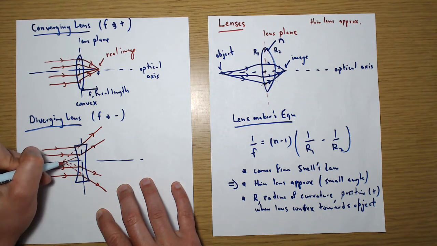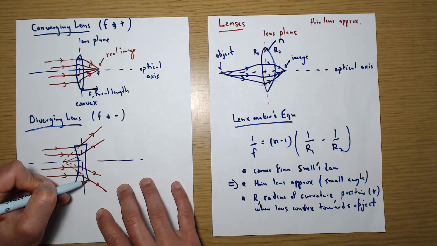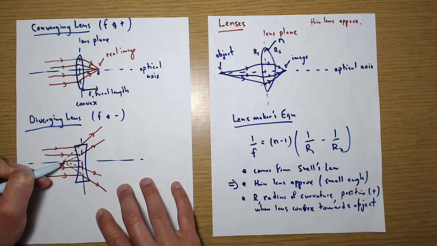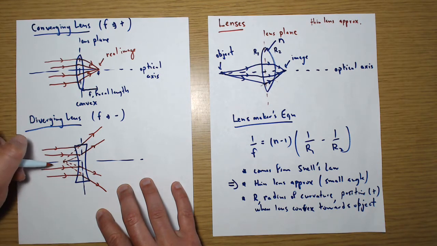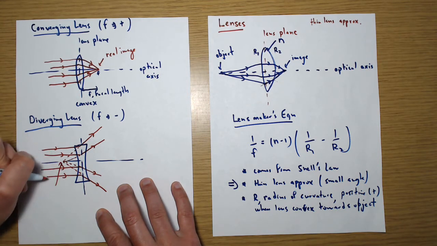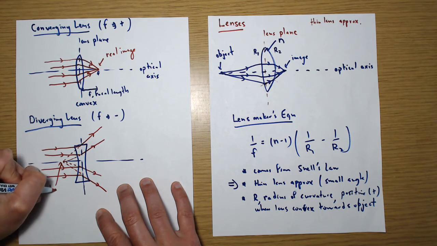And these rays that are diverging right here, they all appear to be diverging from this point right here, which would be a point of what we'd call a virtual image.